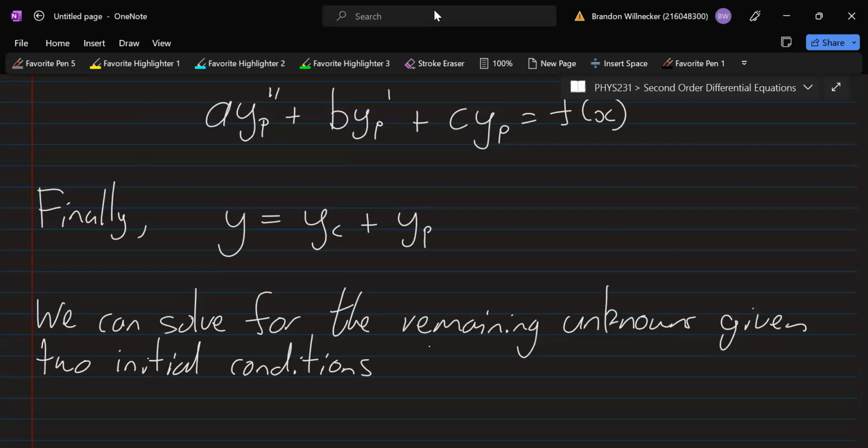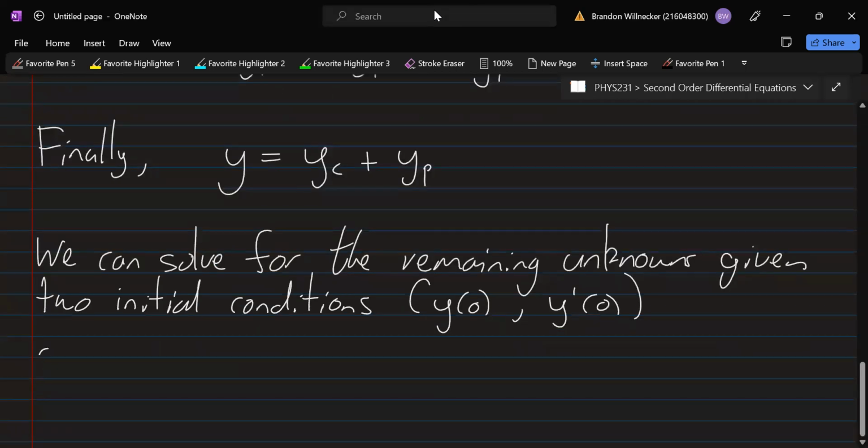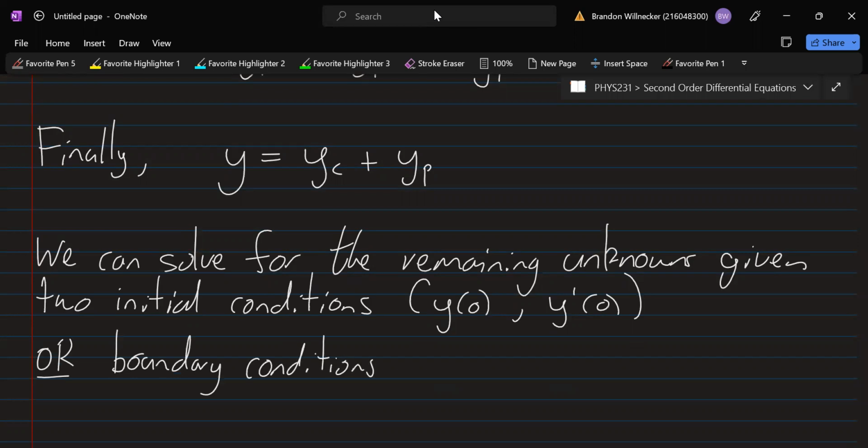This can be the function evaluated at 0, for example, and the first derivative evaluated at 0. We call those initial conditions or boundary conditions, but that depends on the problem at hand. For boundary conditions, we might be given y at 0 and maybe y at 1, for example.